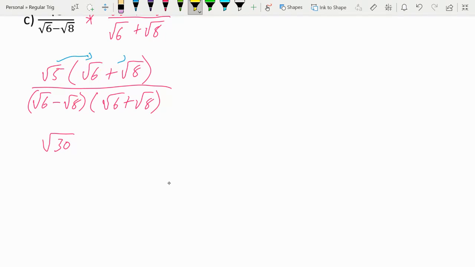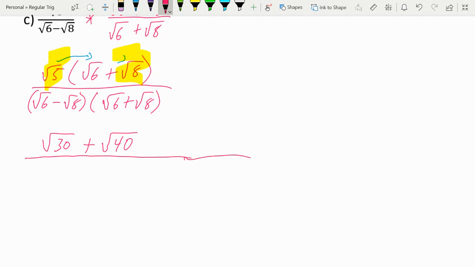Now, I can do the square root of 5 times the square root of 8, because they're both in square roots, plus the square root of 40. Not so bad. All you're doing is just multiplying.